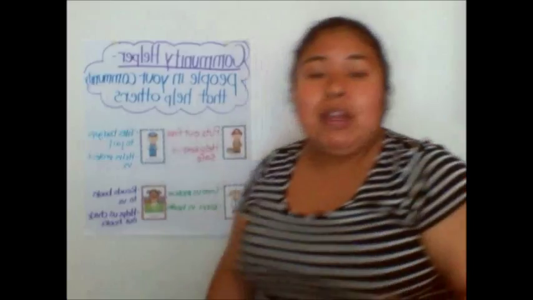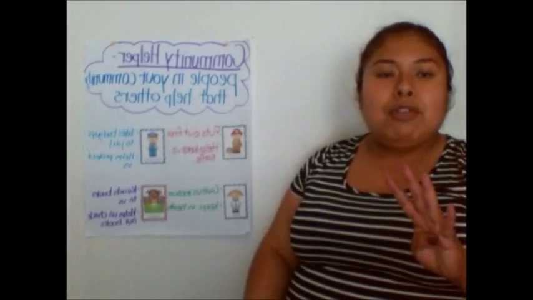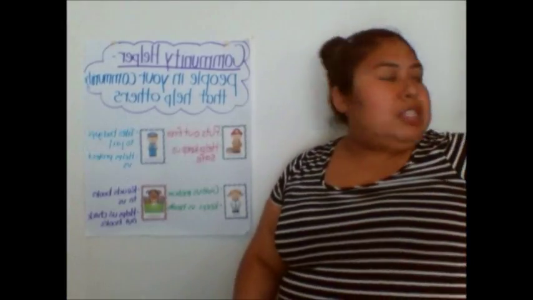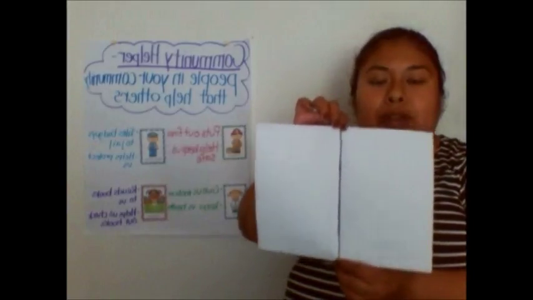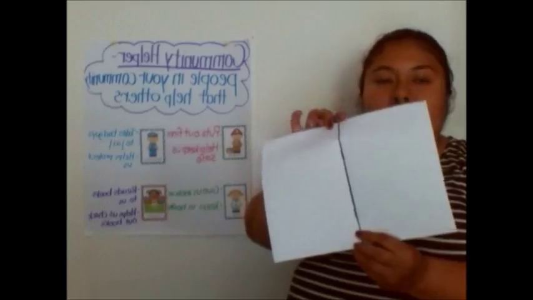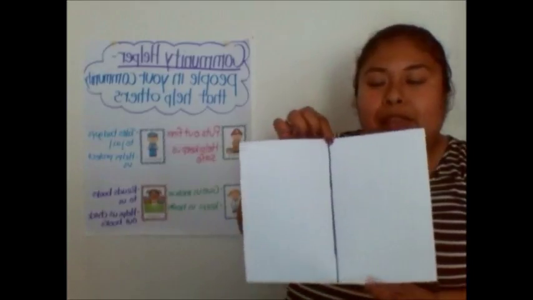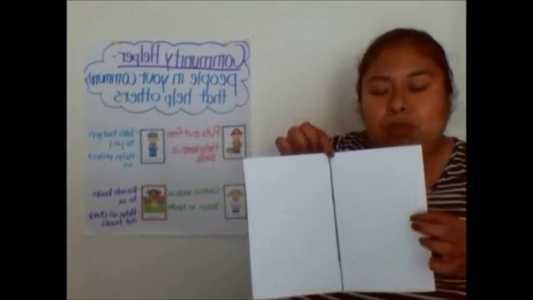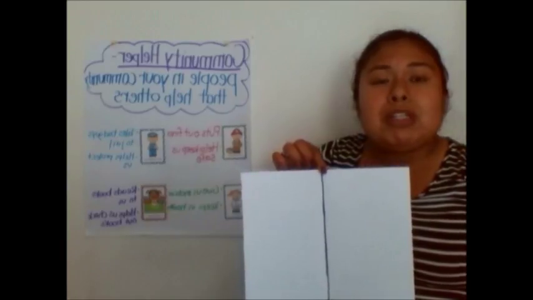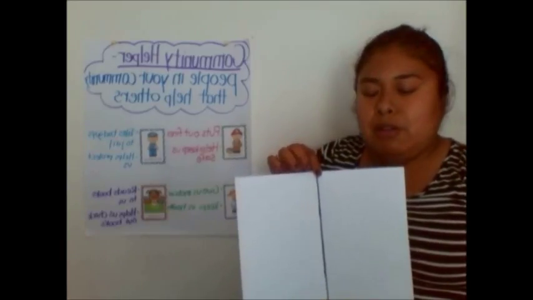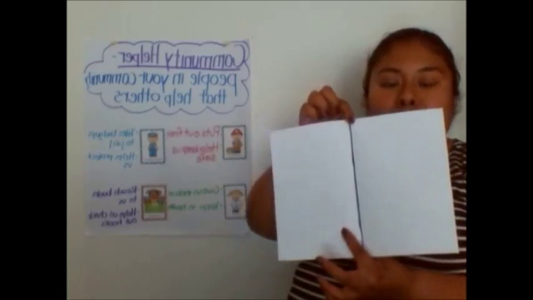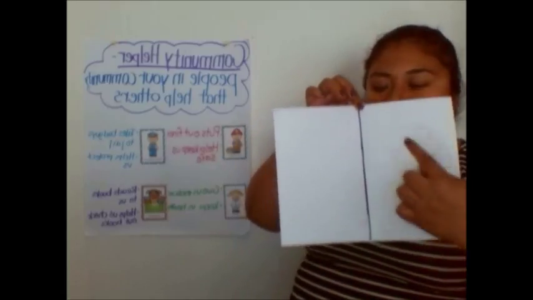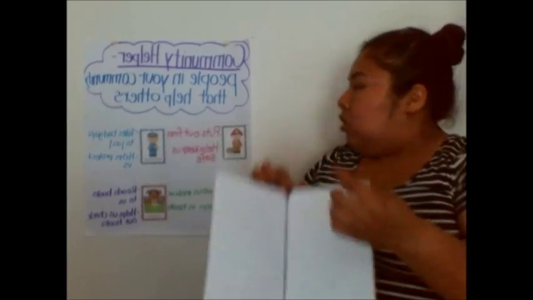Okay, now that we've heard about four different community helpers, Ms. Gonzalez is going to give each one of you a piece of paper that looks like this. You're going to get with your group and think about the community helpers we talked about. Each of you is going to come up with two different community helpers, one here and the second one here.